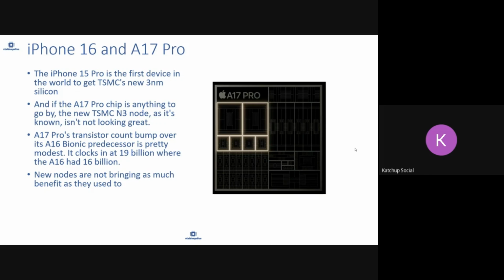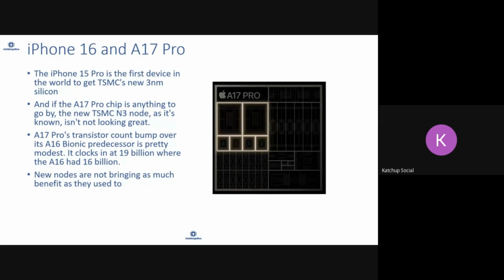The A17 Pro's transistor count bump over the A16, its predecessor, is pretty modest. It was not like it clocked in 19 billion where the A16 had 16 billion. So going to the next technology is not bringing as much improvement, as much benefit, as it used to earlier.